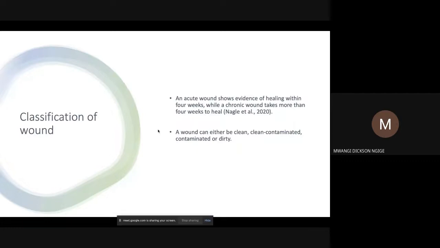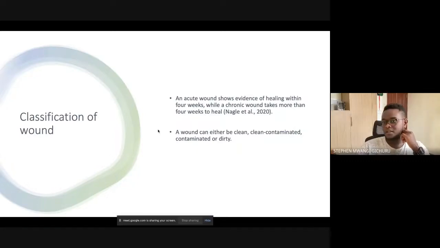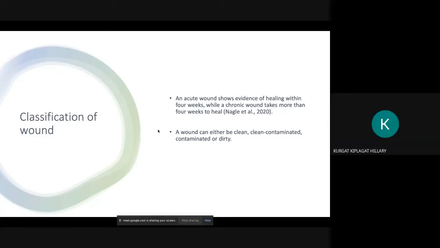Okay, so anyone else with another idea? Hillary Kiplangat. Okay, so you can also have either a clean wound, clean contaminated, or dirty.